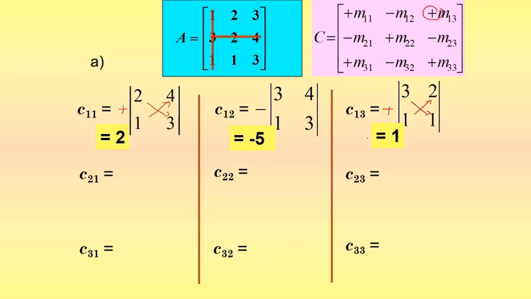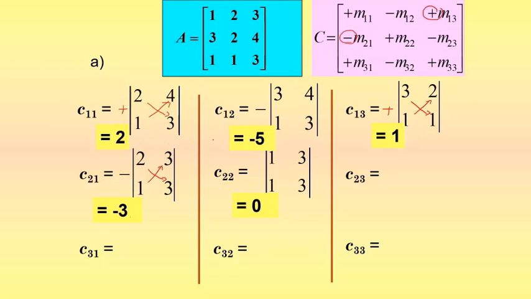C21, delete the second row, first column. Okay, the sign here is negative, not positive. Same method, downward minus upward arrow. So we have 6 minus 3, so we have negative 3. C22, delete second row, second column.